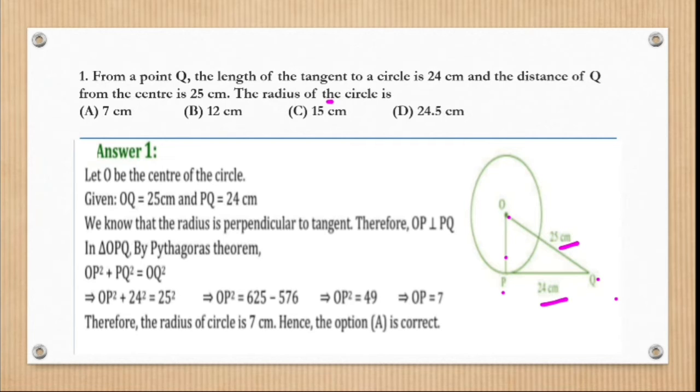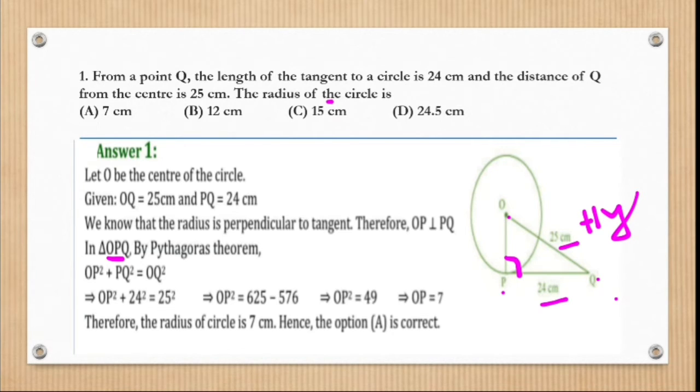As you know, the radius of the circle and the tangent form 90 degree at the point of contact. That means angle OPQ is 90 degree and triangle OPQ is a right angle triangle. So for triangle OPQ, you can use Pythagoras theorem. This OQ will be the hypotenuse.